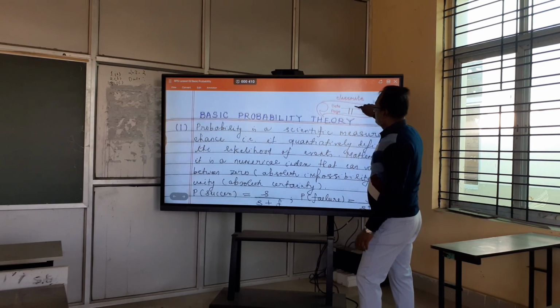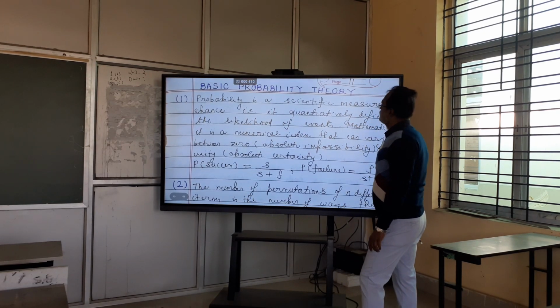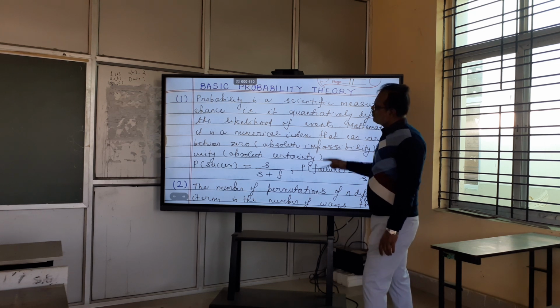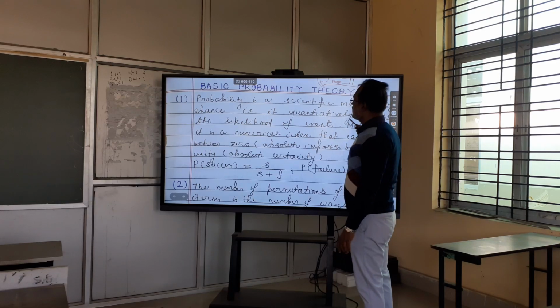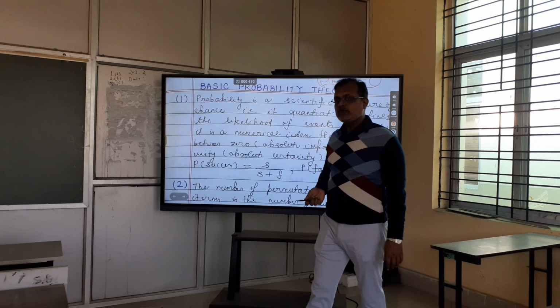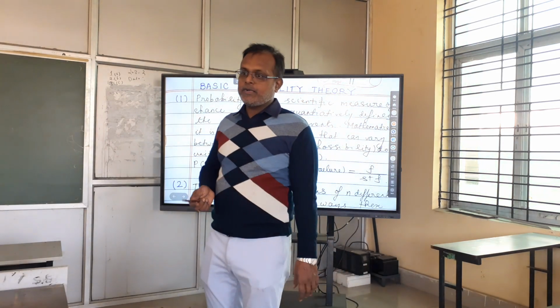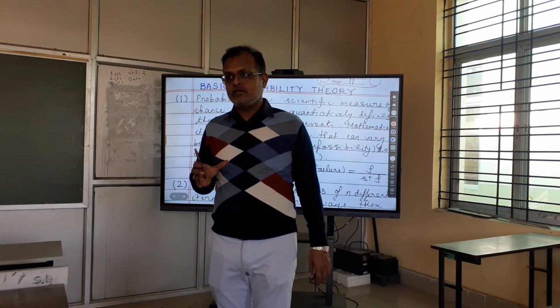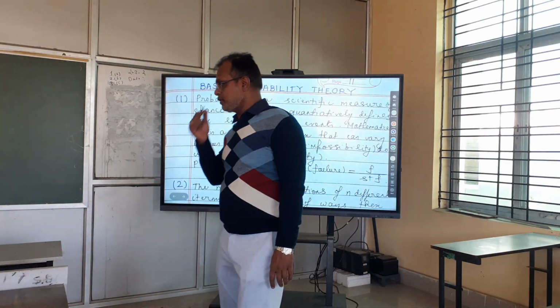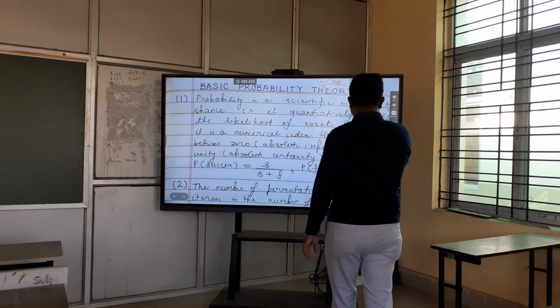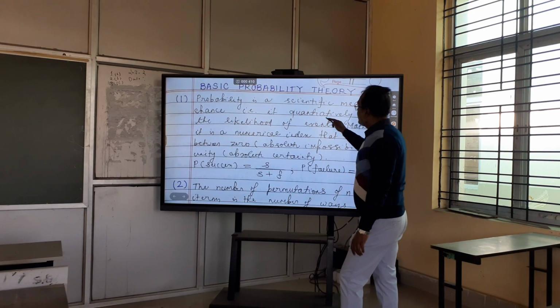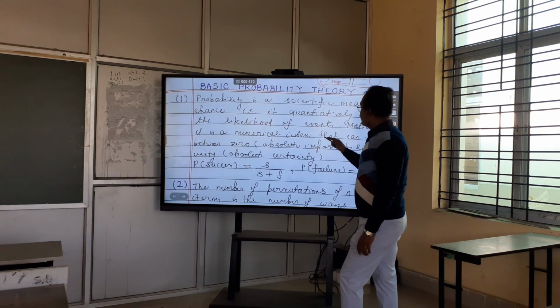So what is probability? The probability is a scientific measure of chance. A chance we all do quantitatively, but probability is a quantitative measure. When we evaluate, we compute. That is, it quantitatively defines the likelihood of events.